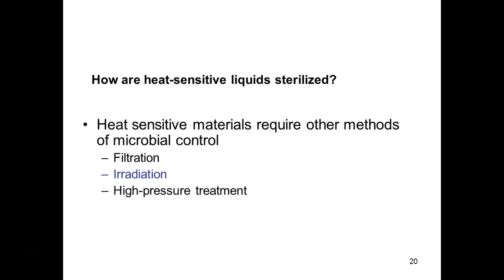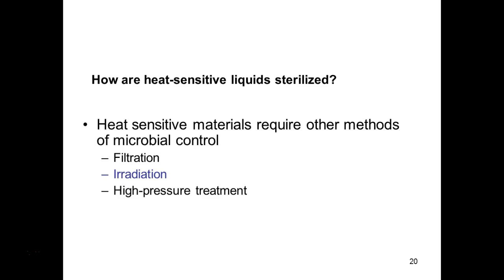Like filters and irradiation. And guys, we're talking about the type of irradiation that's not radioactive. Don't freak out that some of your foods and your medications are treated with a different type of radiation. As we already learned before about UV light, that's damaging DNA, but it's not very far penetrating, so we can't use it to do your hamburger.